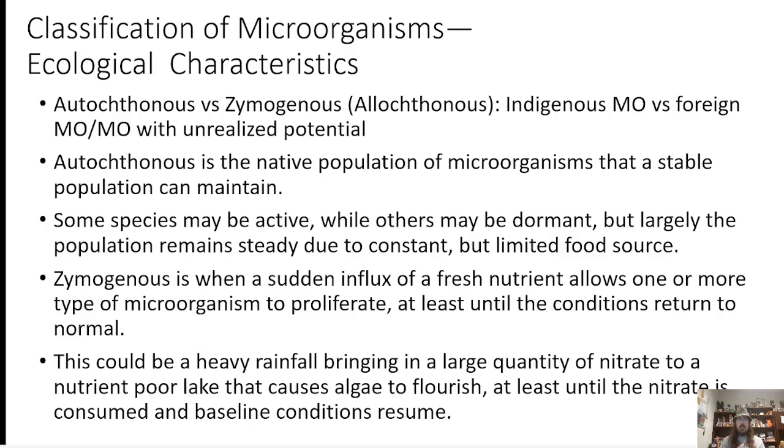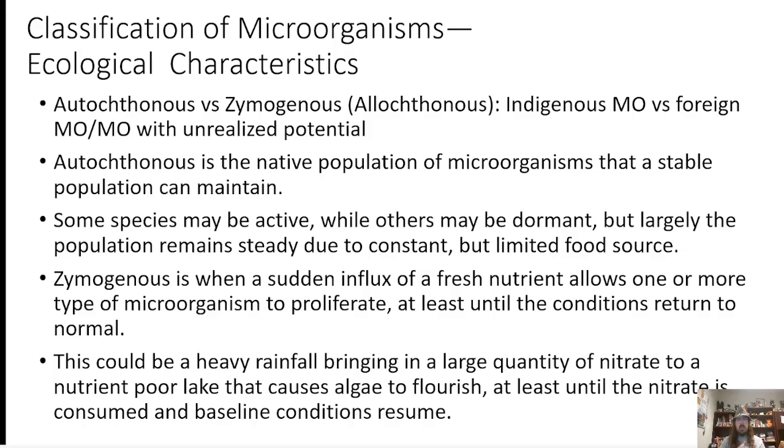So the autochthonous is basically the steady state population of microorganisms that can live and maintain a stable, happy population in the area. Some of these guys may be more active than others, may be lying dormant, but the idea is that the population remains steady because there's a constant but limited food supply.